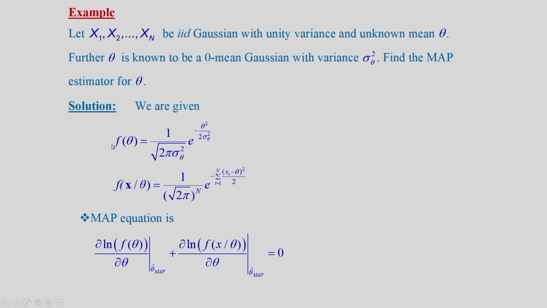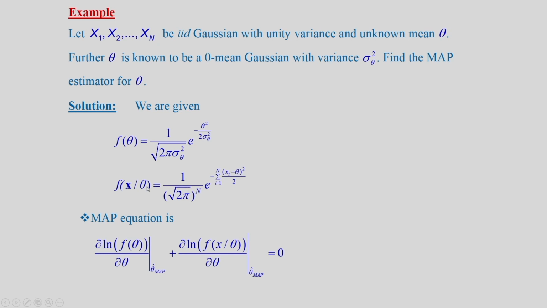We are given f theta. This is the prior PDF, 1 by root over 2 pi sigma theta square into e to the power minus theta square divided by 2 sigma theta square. So, this is the zero mean Gaussian with variance sigma theta square. And the likelihood function f of x given theta, that is also Gaussian with unknown mean theta.